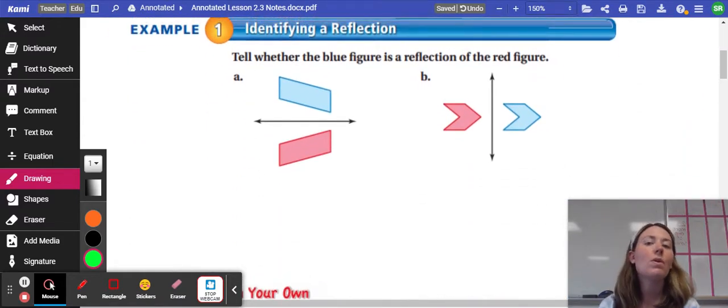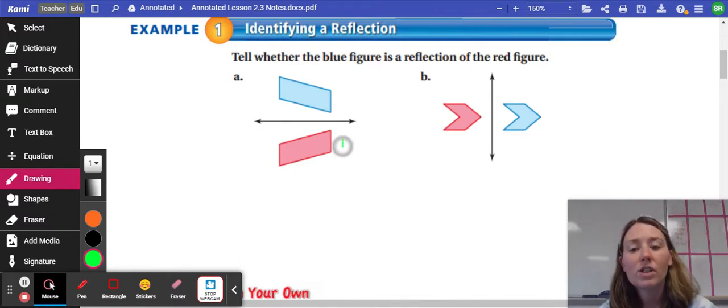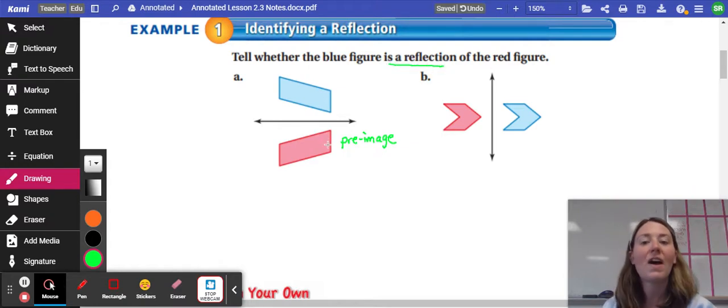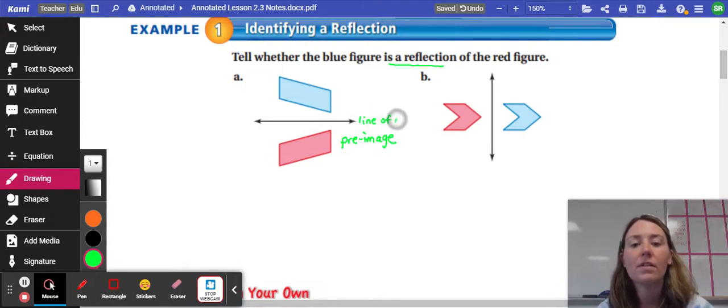So in example 1, we want to tell whether the blue figure is a reflection of the red figure. Okay, so the red figure is our original. It is our pre-image. And I want to know if the blue figure is a reflection of that. If I were to flip this red figure over this line of reflection, I would get the blue image on the other side.